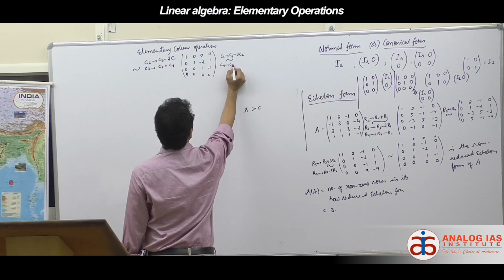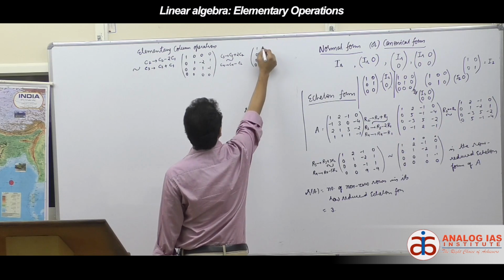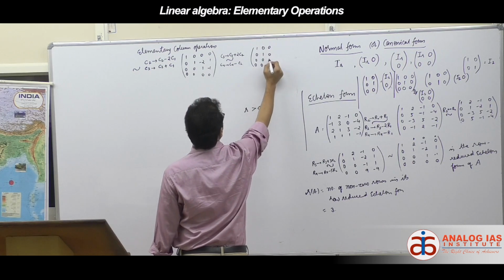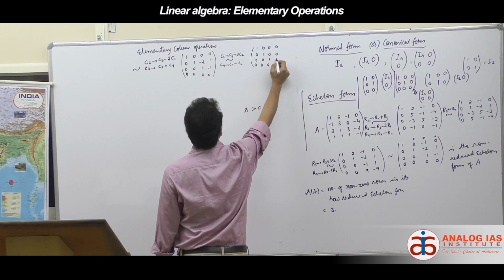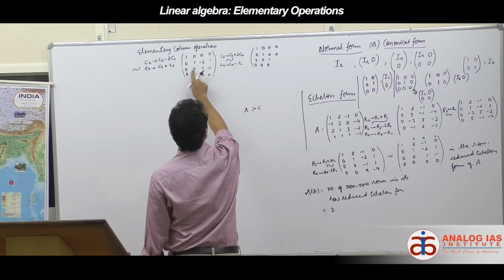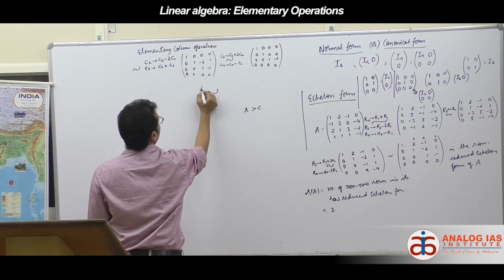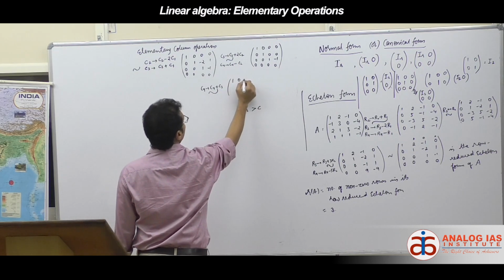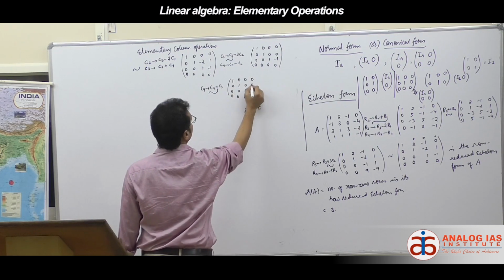C4 is C4 minus C2. Lastly, C4 is C4 plus C3, which gives me 1, 0, 0, 0, 0, 1, 0, 0, 0, 0, 1, 0, 0, 0, 0, 0.